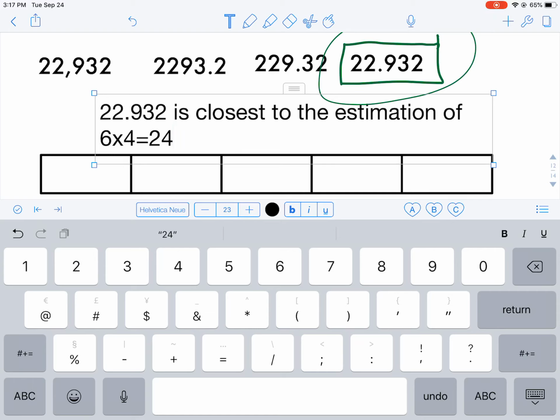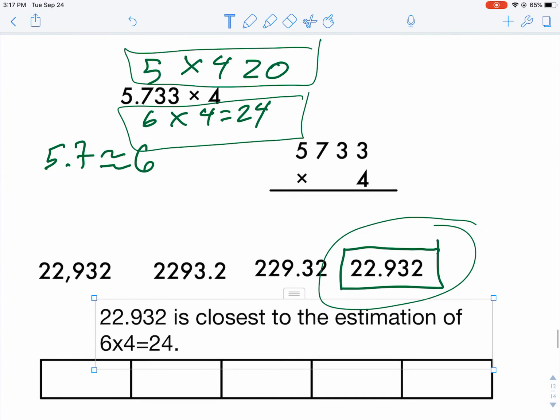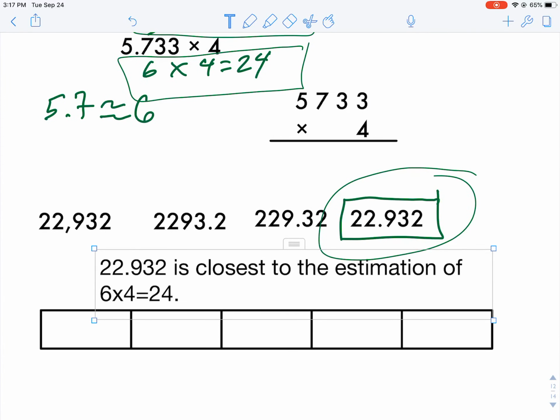Okay? So if you didn't choose that one, you could still do the 5 times 4, and closest to 5 times 4 equals 20. 22 is still close to 20, and it's also close to 24. It's right in between. Okay?